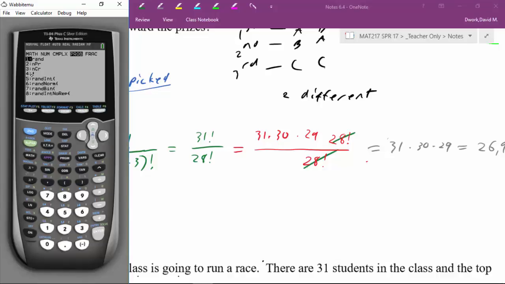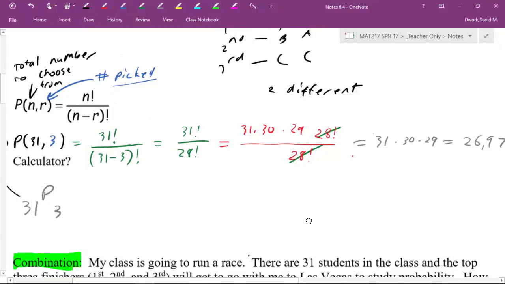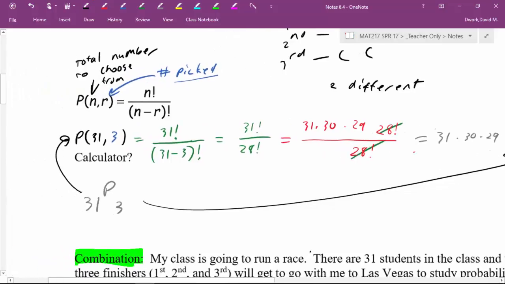And if you also look in line 4, there's your factorial right there. But so we're going to arrow down to nPr, hit enter, and you'll notice it fills it in for us. Now we have 31 permute, and we want to permute 3. I hit enter, and amazingly, the calculator gives us the same number we got by hand. Who would have thought math works that way? Nonetheless, same answer.